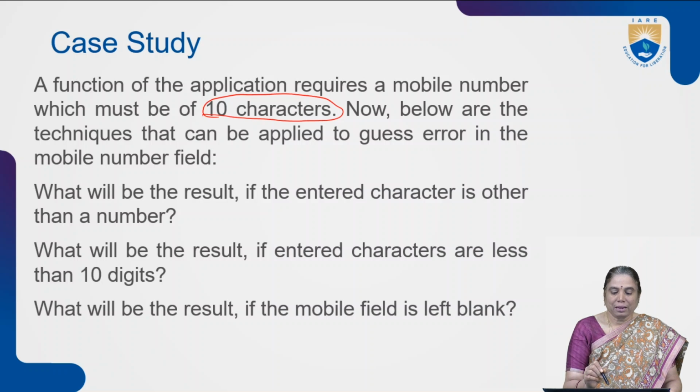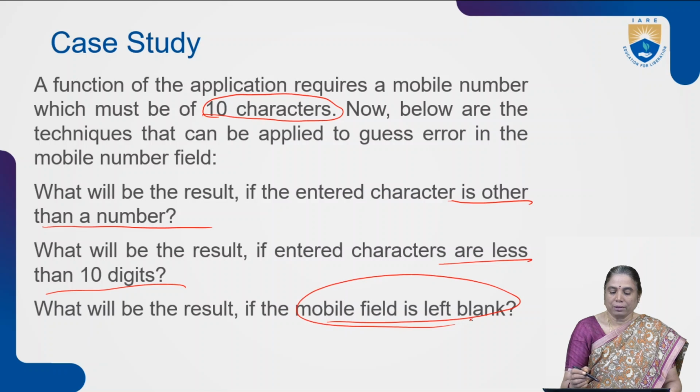What will be the result if the entered character is other than a number? Next, what will be the result if the entered characters are less than 10 digits? What will be the result if the mobile field is left blank? So with the domain knowledge and tester expertise, he can design these test cases.